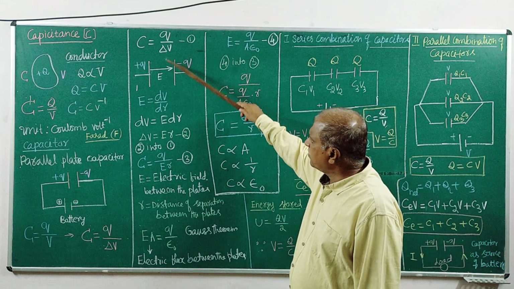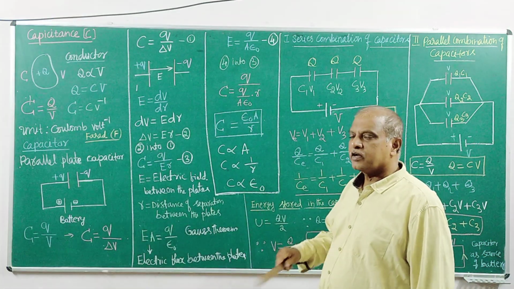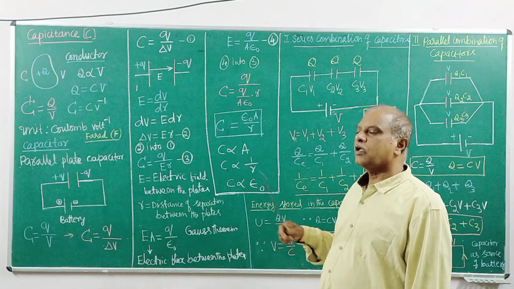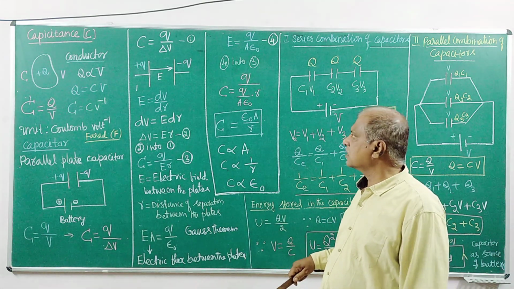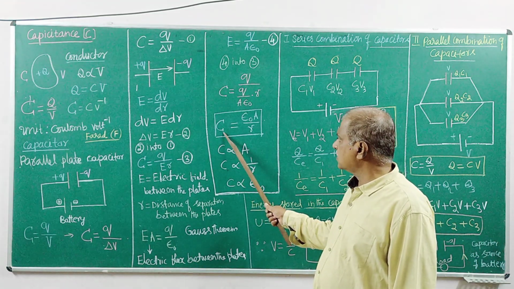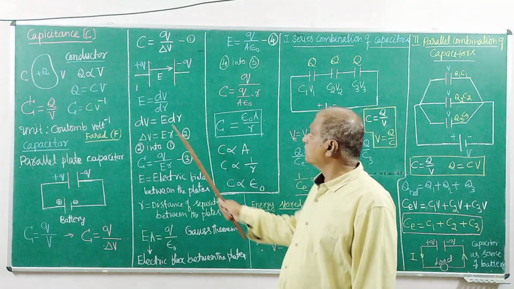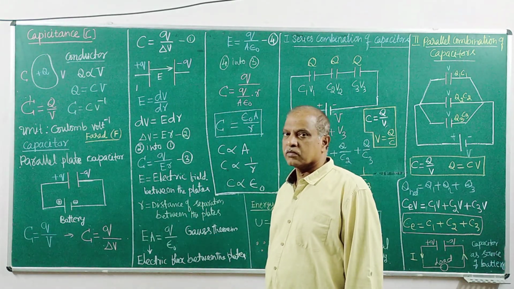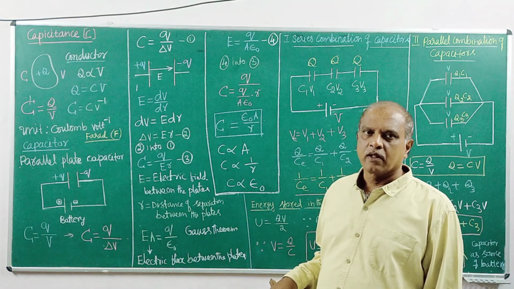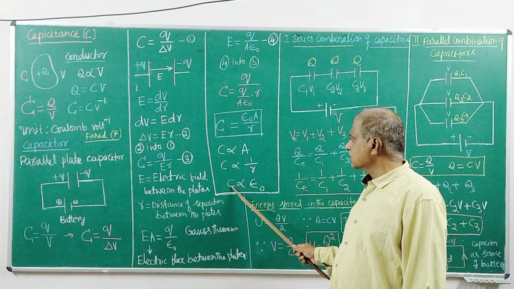If you use some other insulating material with a high dielectric constant, that is, high permittivity, we can increase the capacitance. Capacitance also depends on the insulating material used.